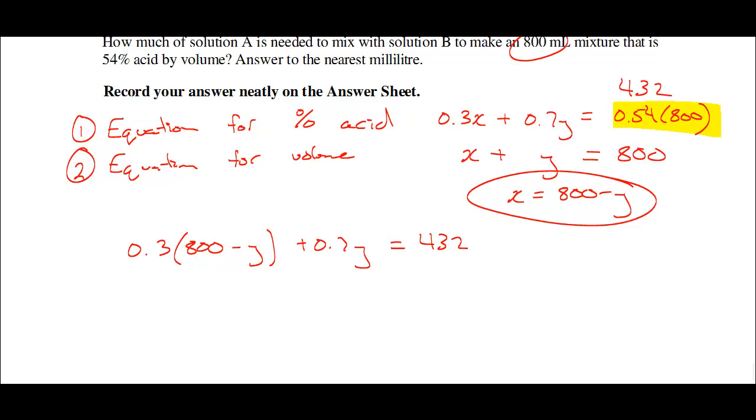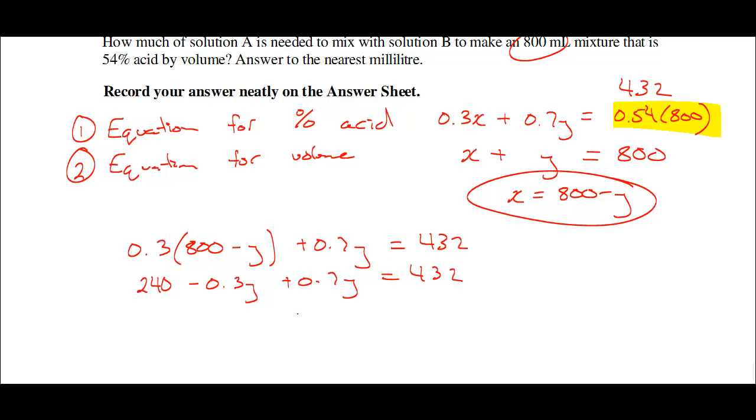So distributing this out, 0.3 times 800, well, 30% of 800 is 240. And then 0.3 times the negative y gives you negative 0.3y, plus 0.7y is equal to 432.